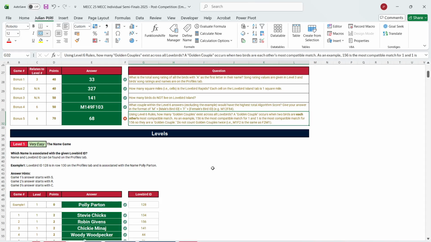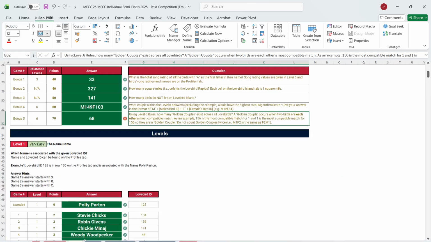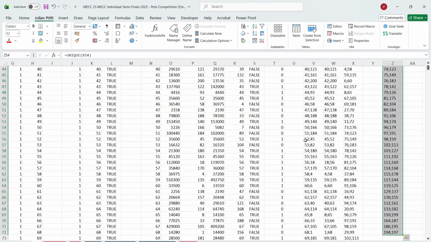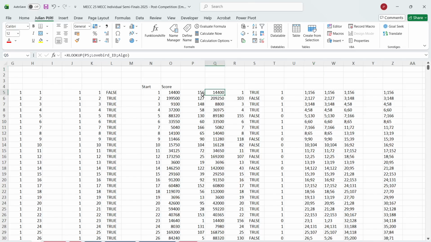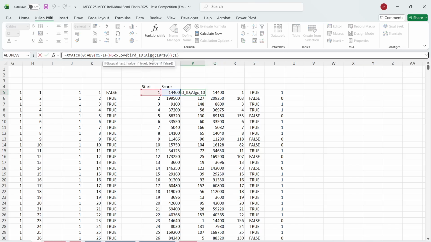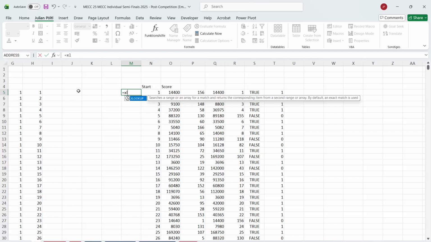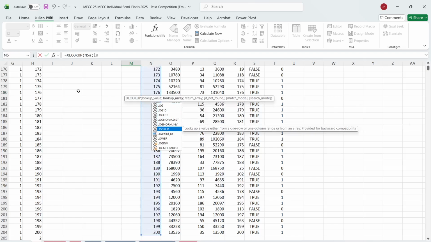How many golden couples exist? Oh, different sex. Oopsie. And Lovebird ID.